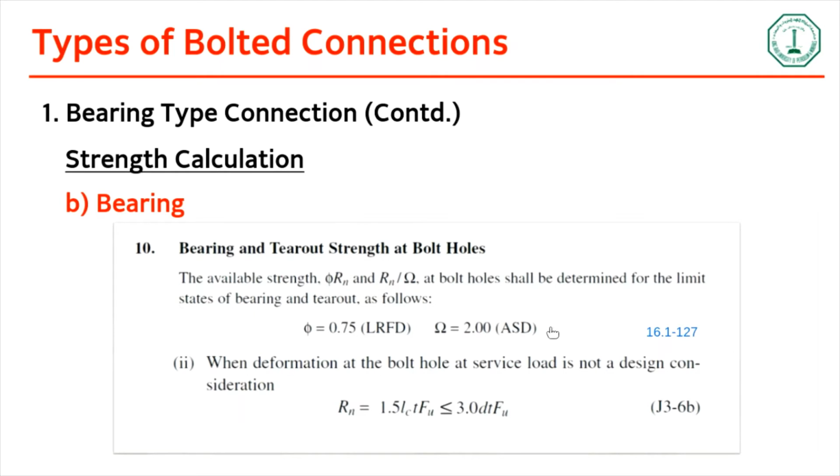The next equation is for calculating the bearing strength. That is given to you on page 16.1, page 127. You see case A, in a bolted connection with standard, oversized, or short slotted holes, we have two cases: where deformation at the bolt hole at service load is a design consideration, and where deformation at the bolt hole at service load is not a design consideration.